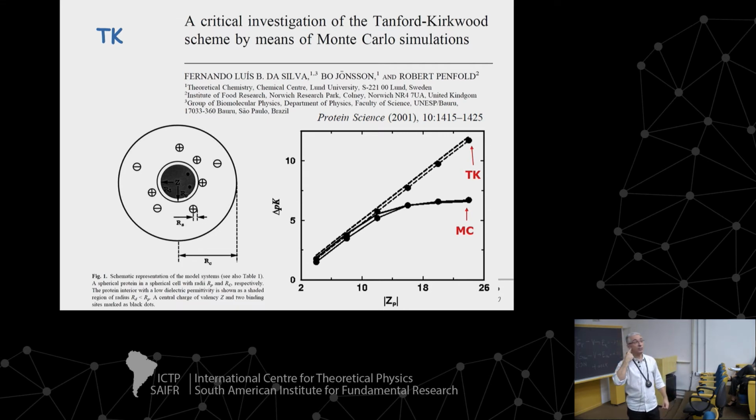Another interesting result in this plot, which you probably noticed, is that there are two curves that I call Tanford and two that I call Monte Carlo. They are on top of each other. Now what's the difference? We have been exploring the effect of low dielectric constants. Depending on what measurement you're doing, this can be important. But if you are calculating deltas, like we have here, the effect of the dielectric constants, or the dielectric interface, is going to disappear.